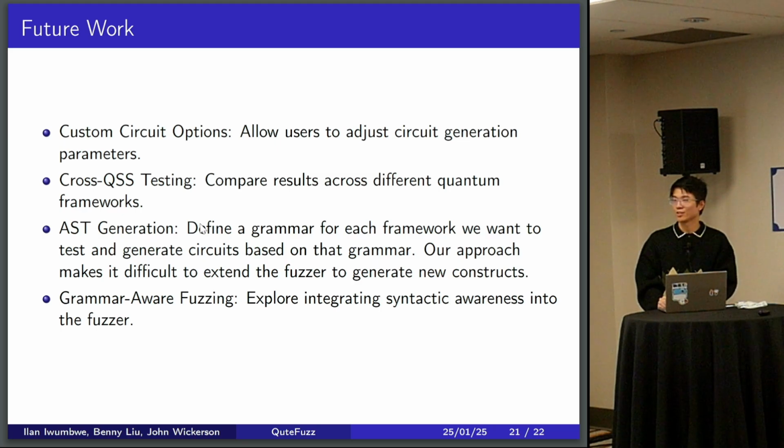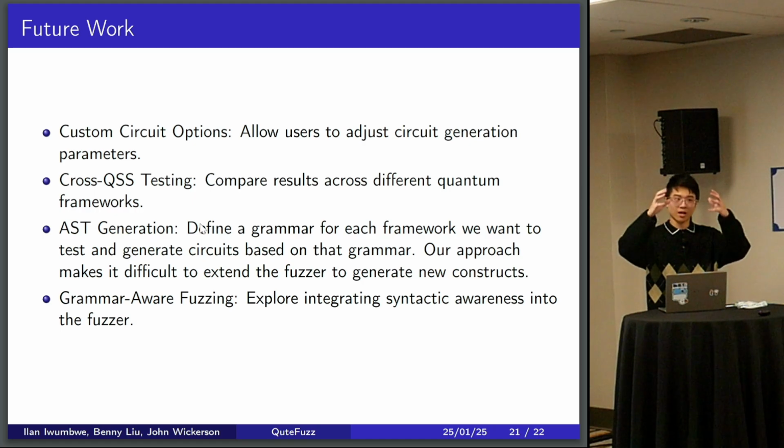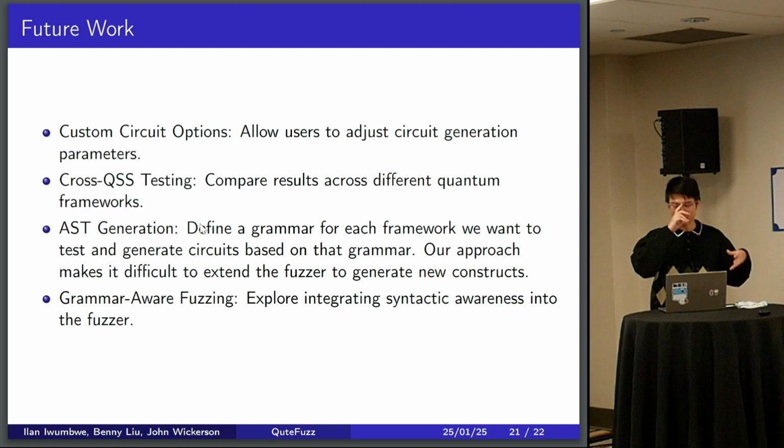And lastly, we would like to improve our circuit generation techniques through some kind of AST, whereby we can generate the structure of the circuit inside of the tree, and then apply that to specific languages so that we can test different languages without completely revamping all the code.